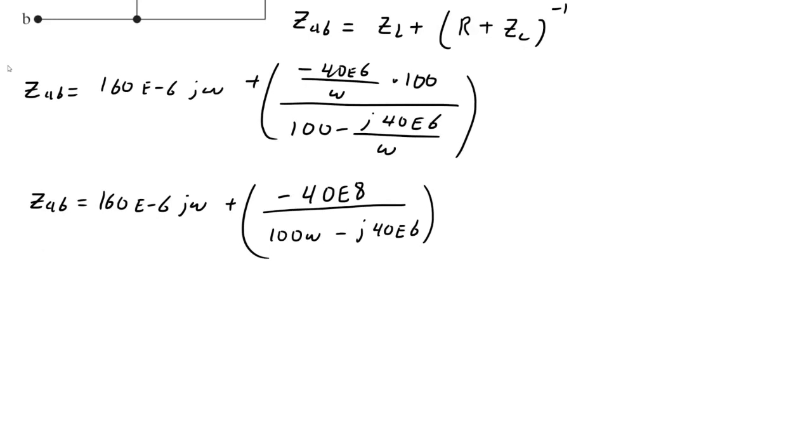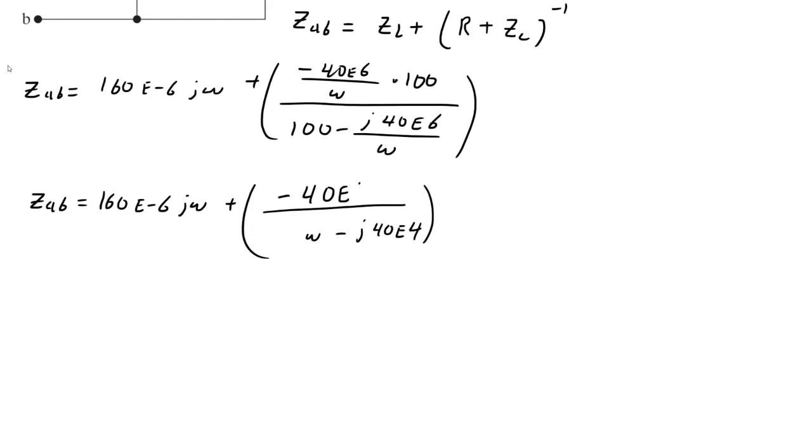So let me divide all this by 100 just to make it easier, because we're going to do the complex conjugate. So let me think. Divide this down, this will become just omega, and then this becomes 40,000. Actually this doesn't change, does it?